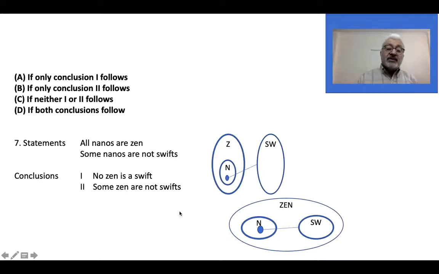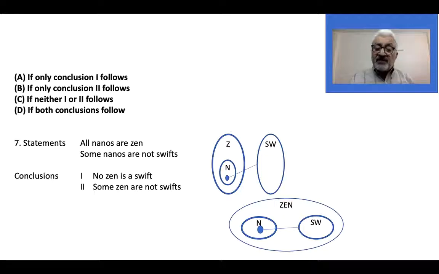What about some Zen are not Swift? Now, some Zen are not Swift. Let's understand this. What is supposed to be away from Swift? This part of nano. All right. Is this part of nano also part of Zen? Since nano is overlapping with Zen, this little part of nano is also a part of Zen.